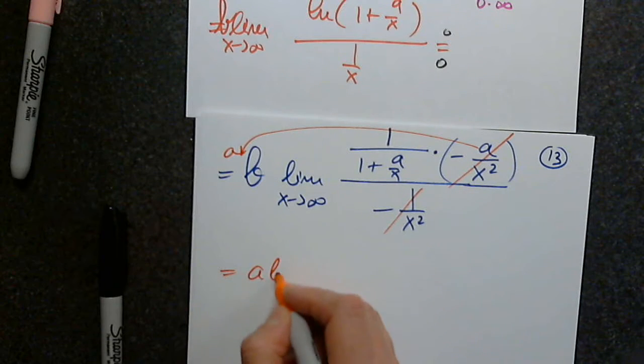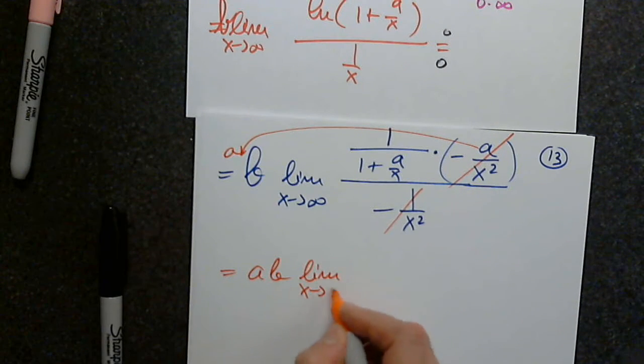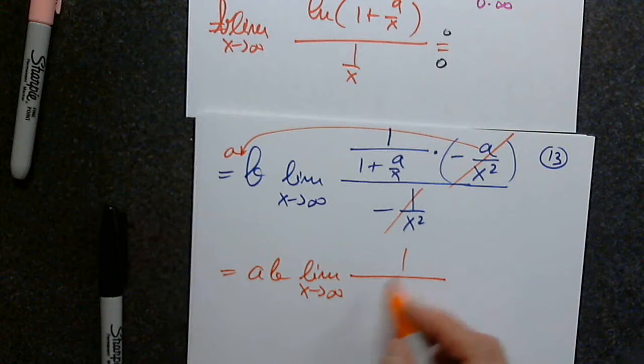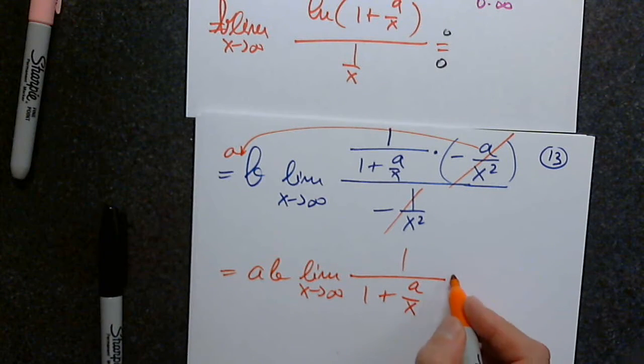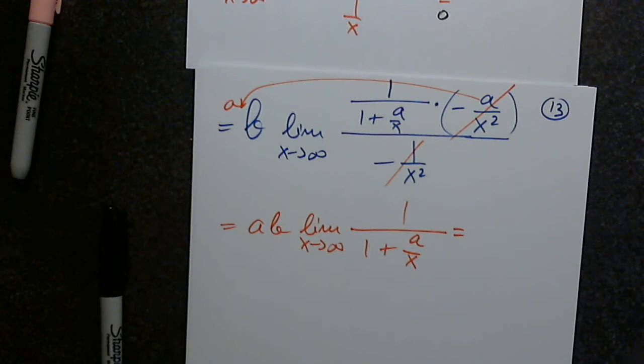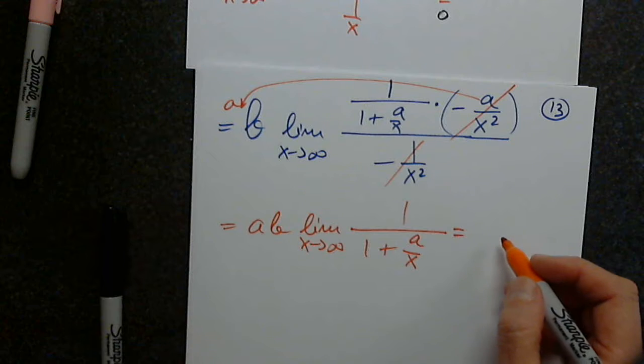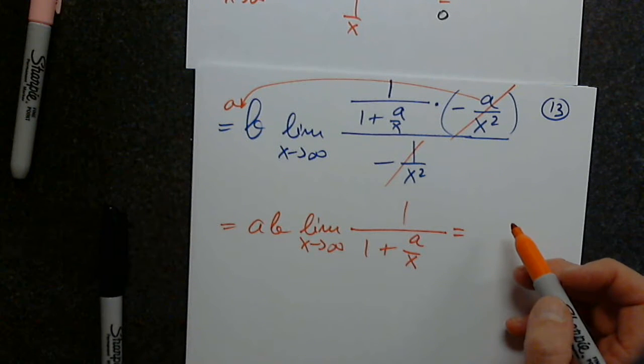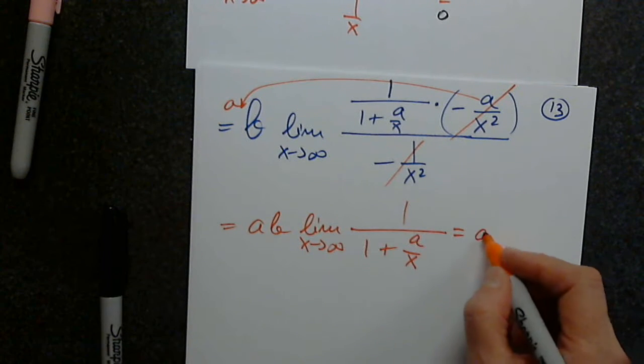So this is AB, limit as x approaches infinity of 1 over 1 plus a over x. And the answer for that limit is, careful, yes, it is 1 times AB.